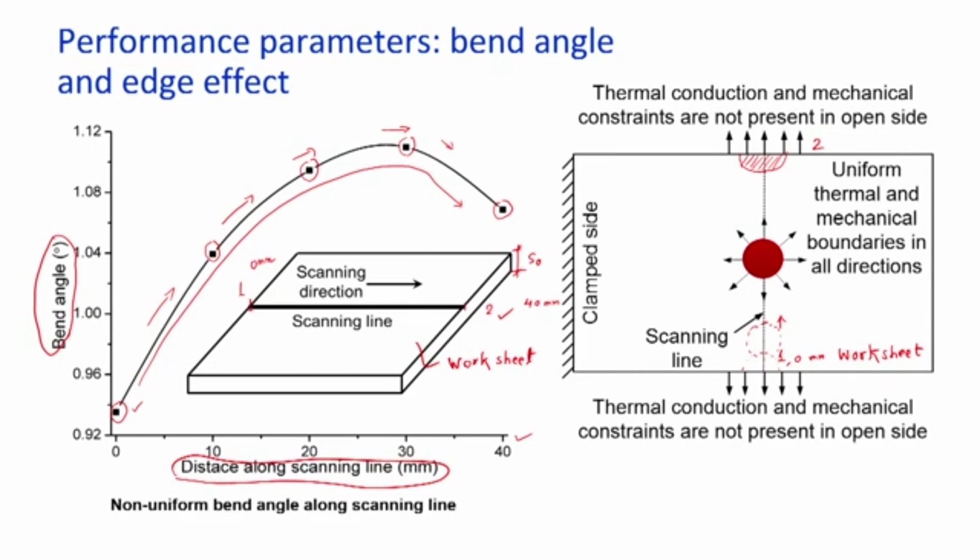So, I can say at start the bend angle was low because there was no preheating and it was purely due to TGM, and only half the portion of the laser beam was useful for the TGM. As the beam passes over the scan line, the bend angle increases due to preheating and due to the availability of the entire area, the entire volume, for heat conduction.